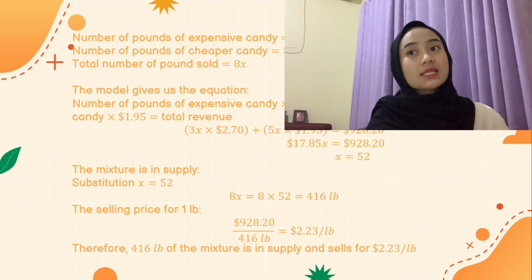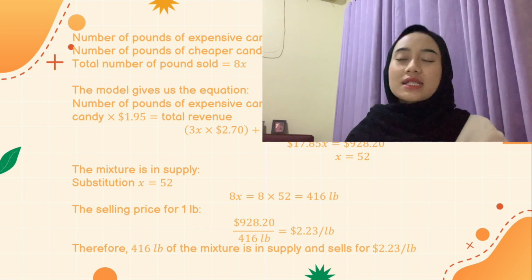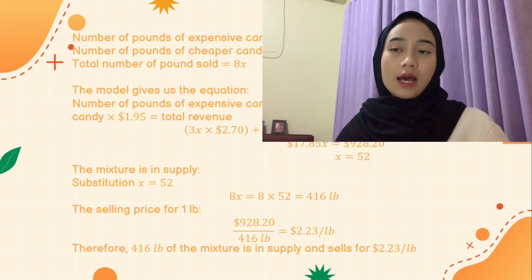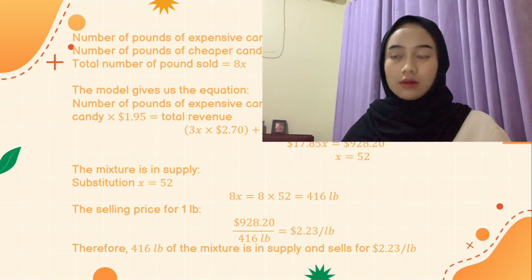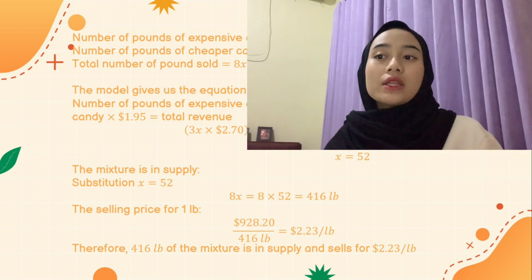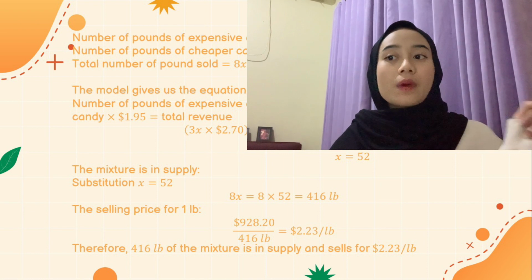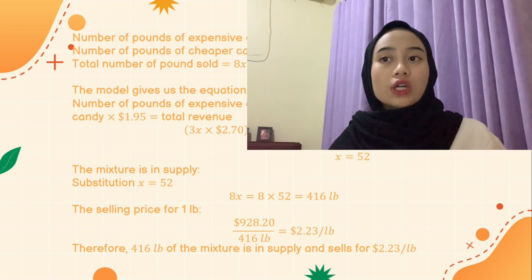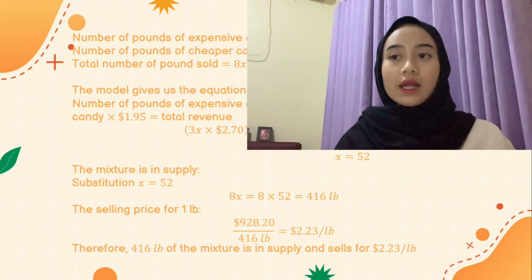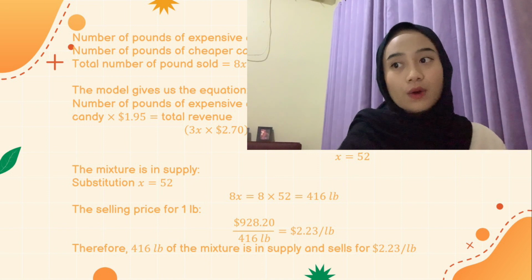Substituting x is 52, we have 8x is 8 times 52 is 416 pounds. The selling price for 1 pound is $928.20 divided by 416 pounds, which is $2.23 per pound.